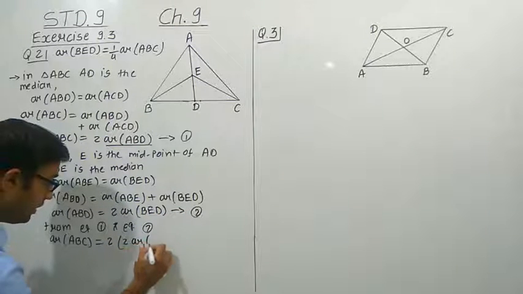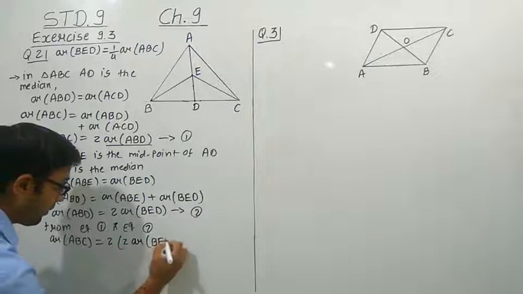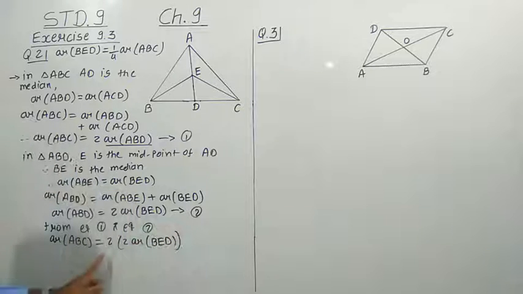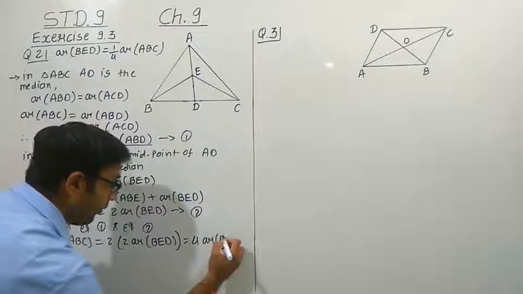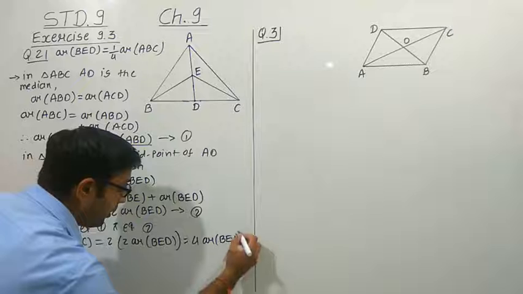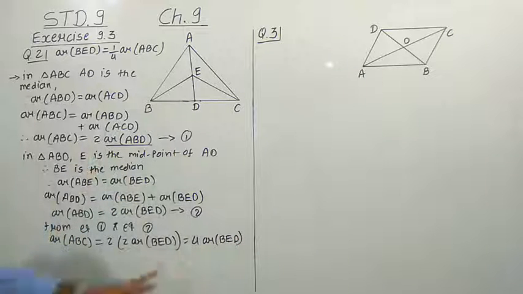Twice the area of BED. Now what will happen here? 2 twos are 4. So this will become 4 into area of BED. Now take this 4 to the left hand side. So it will divide the triangle area of ABC.